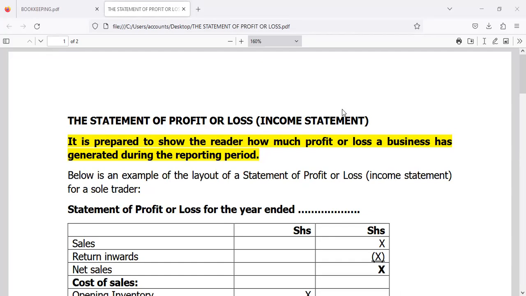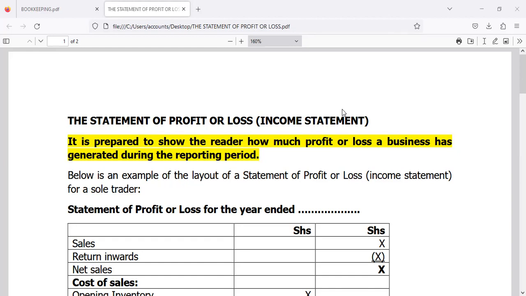So this video is for those students specifically. And when you look at their exam, they normally ask them to prepare the basic financial statements of a sole trader, those simple financial statements to come up with the income statement as well as the balance sheet.